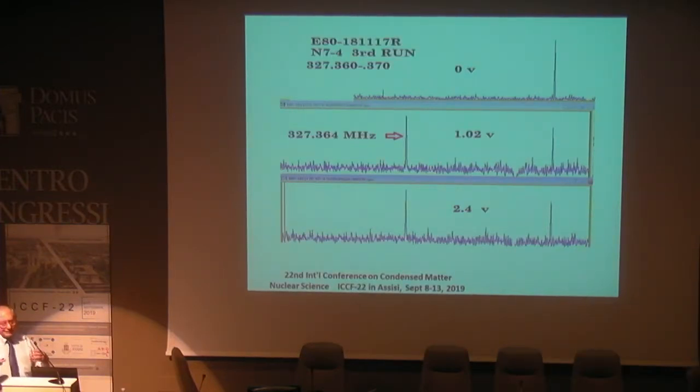A nanor is a preloaded, dry zirconium oxide, palladium, highly deuterated material that has two electric wires coming in. It's a two-terminal component. And with no voltage across it, we see nothing. And when we put on 1 volt and raise a little higher, we get a very high Q signal.